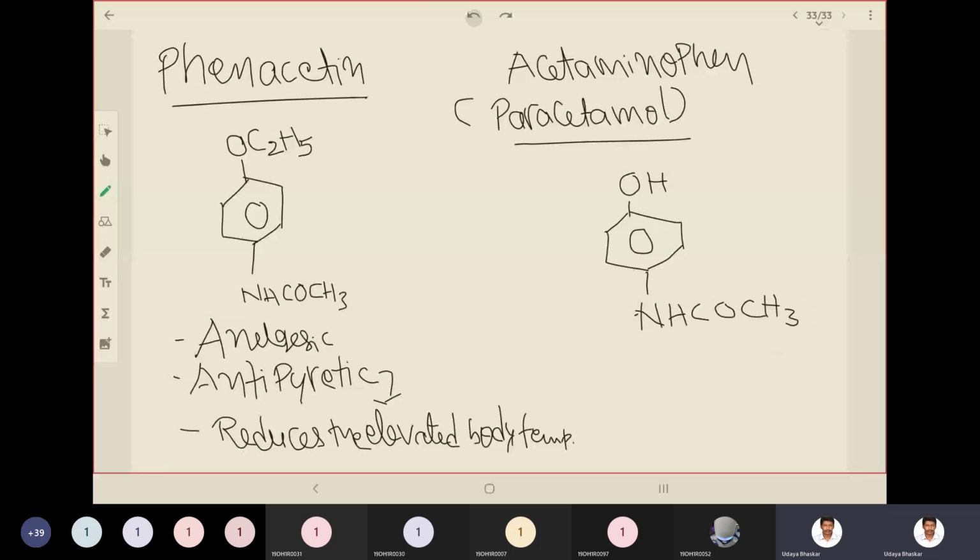So these two are the examples for aniline and para-aminophenol analogues.